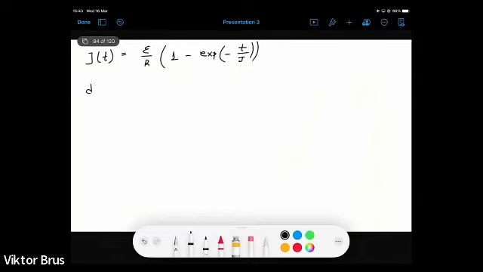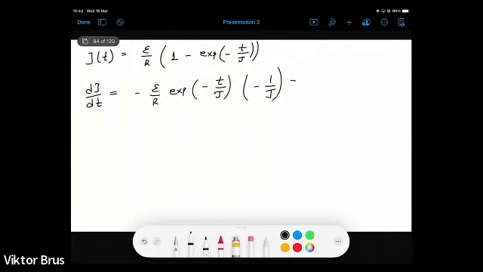So first derivative di over dt will be equal to minus epsilon over R times exponent minus time over tau and times minus 1 over tau, because we need also to multiply by the derivative of the argument of this exponent function.